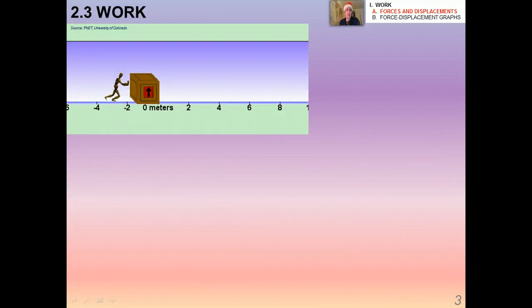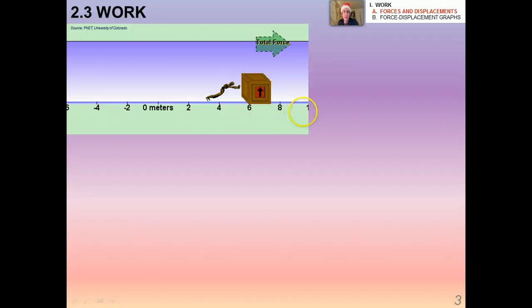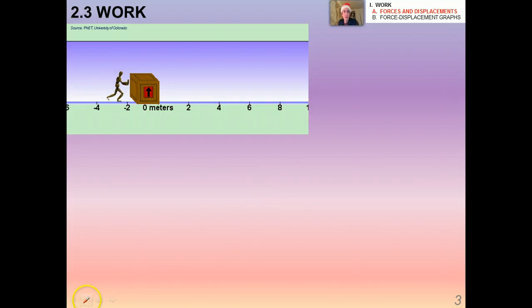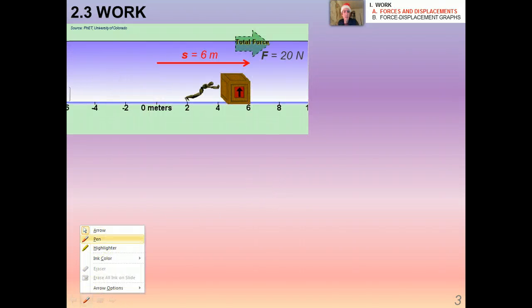So in this little GIF, I have a little stick man who's pushing a crate, starting at 0 meters with a constant applied force to the right. And obviously that crate speeds up, it accelerates to the right. If I put some numbers in here, we can actually talk about the work done.